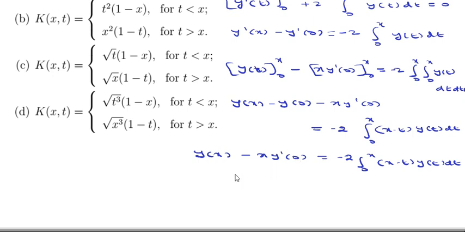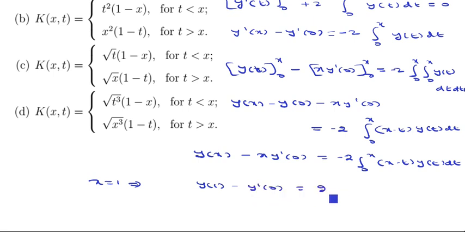So we need to find y dash of 0. For that, substitute x equal to 1 because we have the value for y of 1. So y of 1 minus y dash of 0 is equal to minus 2 times integral 0 to 1, with x equal to 1, therefore 1 minus t, y of t dt.